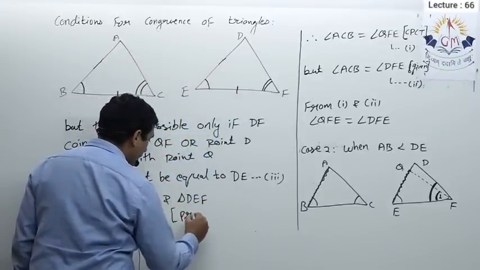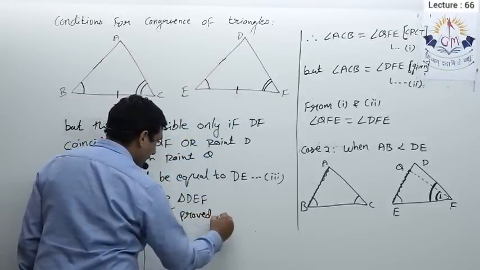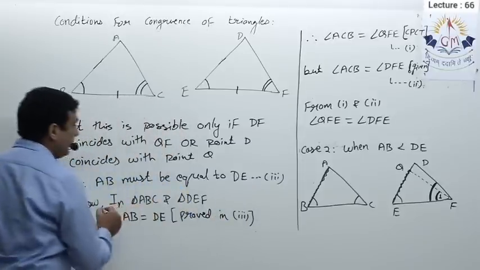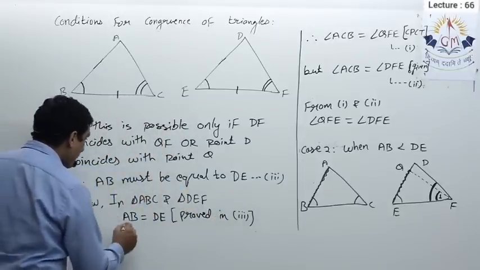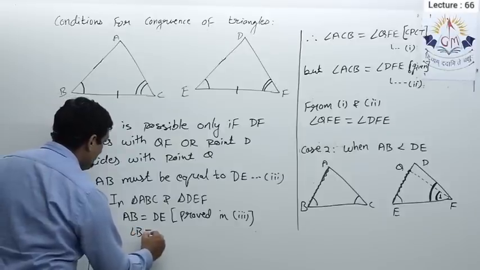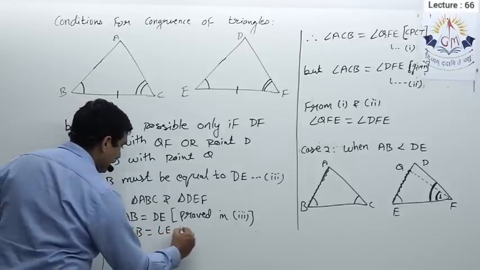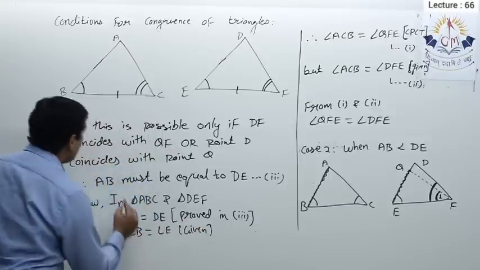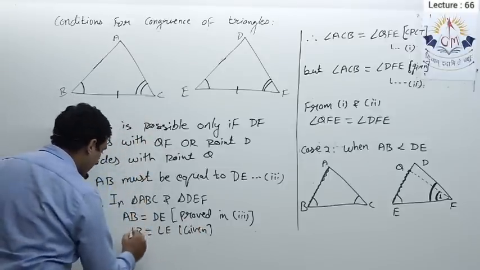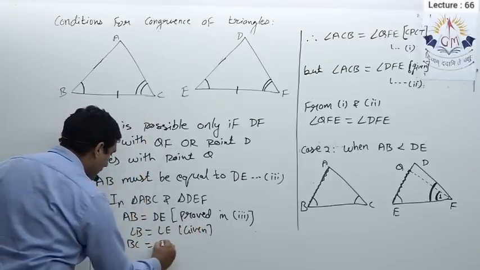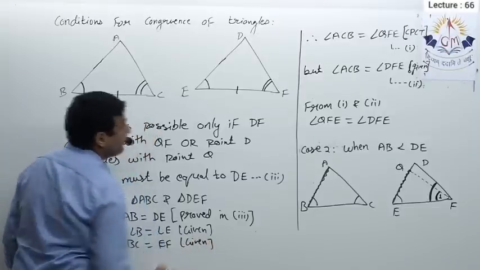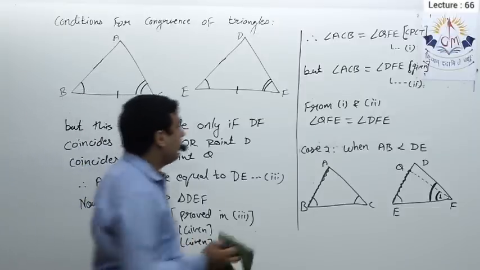So here I will write proved in third. We are saying that AB and DE are equal. We proved it. Angle B is equal to angle E, that is definitely given. And BC is equal to EF, that is again given. So I can say the triangles are congruent.